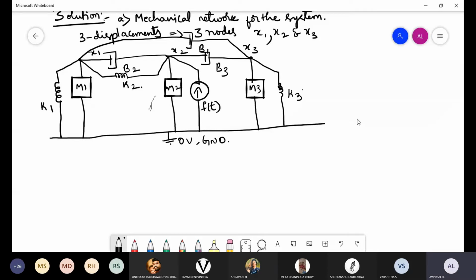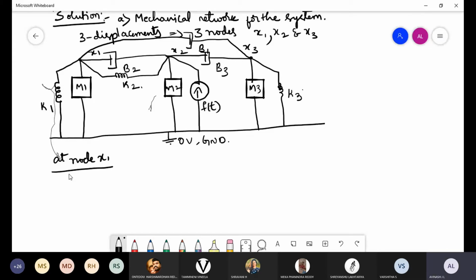So now you can write that at node x1. Okay. So at node x1, what is the equation you are going to get?